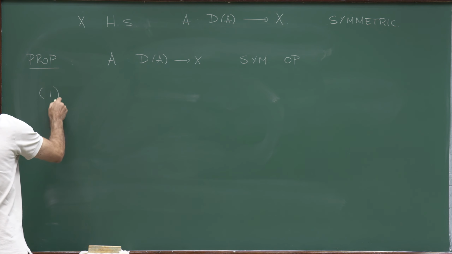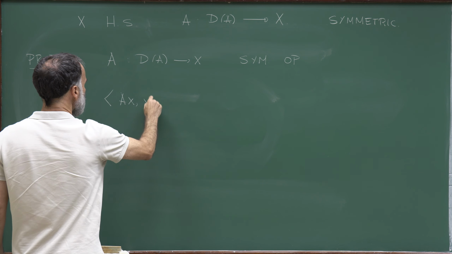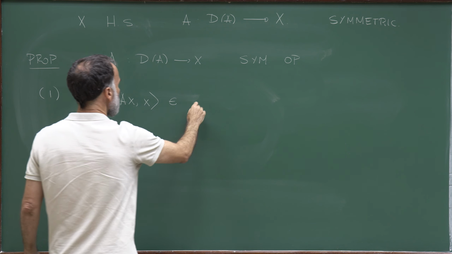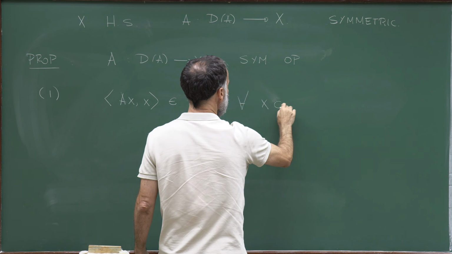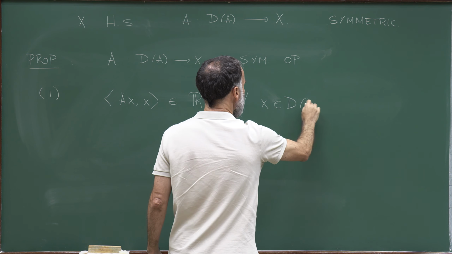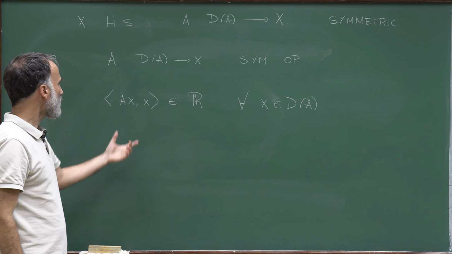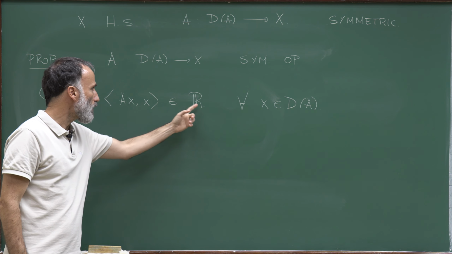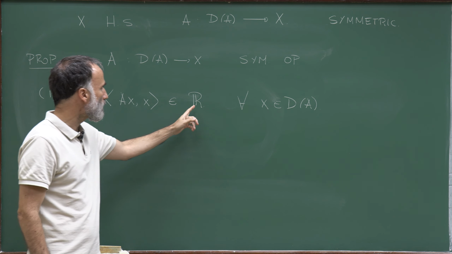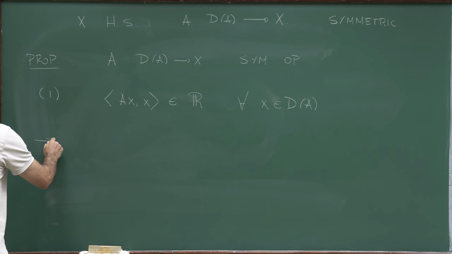So the first claim is that the scalar product of Ax with x belongs to the reals for all x in dA. So if I take the scalar product of Ax with x, well, this in principle is an element of K. Well, what I'm claiming is that it's actually an element of R. So let me prove that.